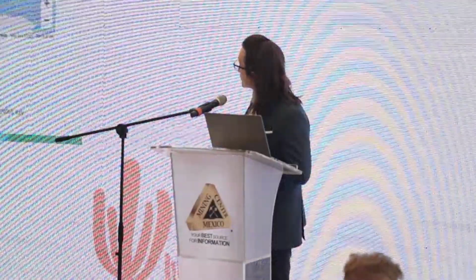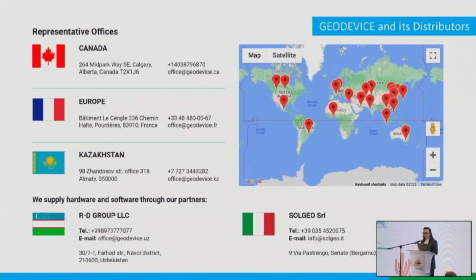Just a few slides about our company. Geodevice is an international multi-method geophysical equipment manufacturing company with three offices in different parts of the world. We are producing land and marine magnetometers, susceptibility meters, electrical resistivity and electromagnetic systems, and seismic equipment as well.